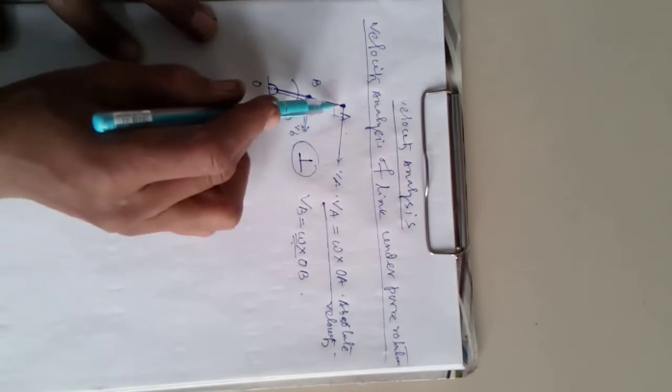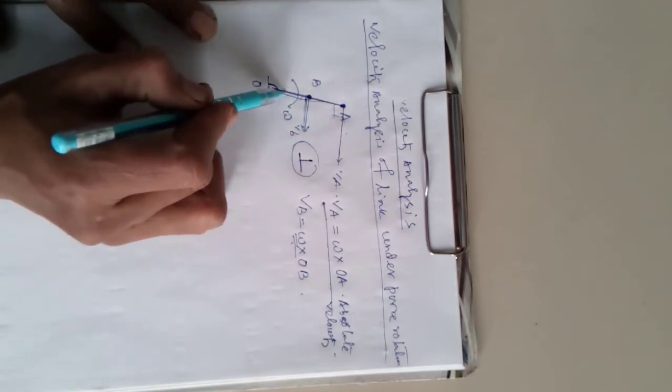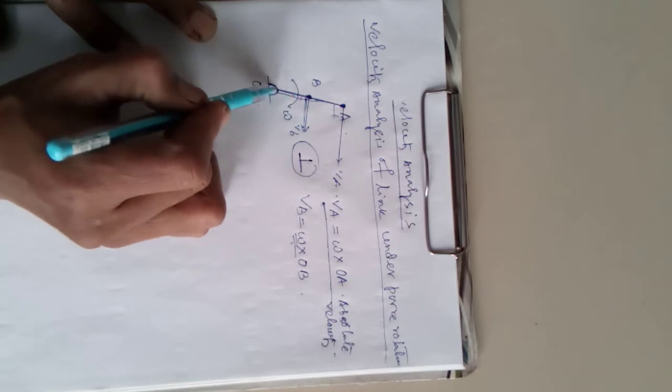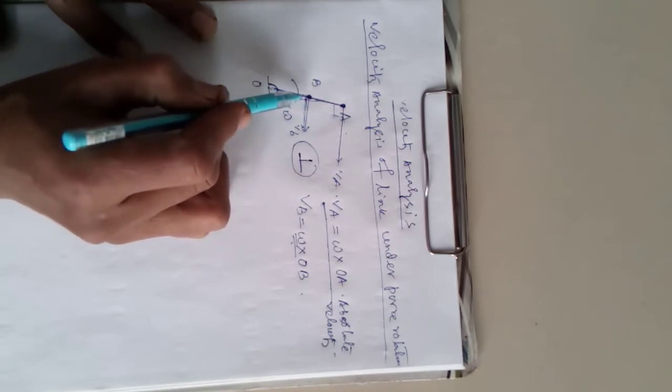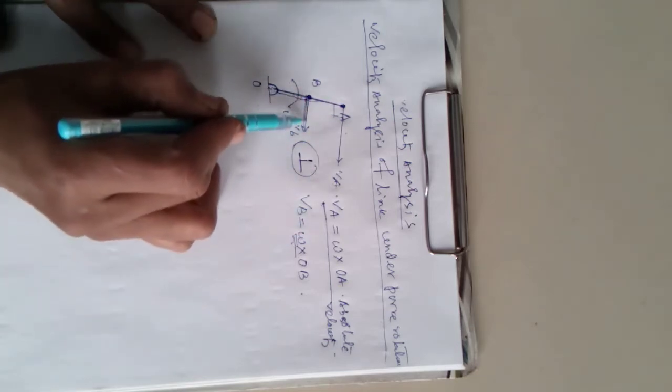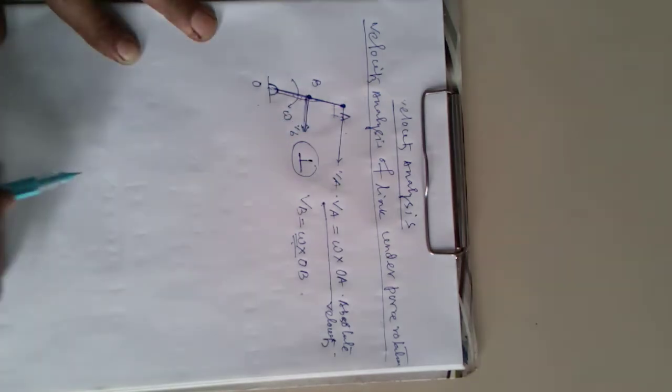Now we can see that at different points of the link, the velocity is different when the link is under pure rotation.